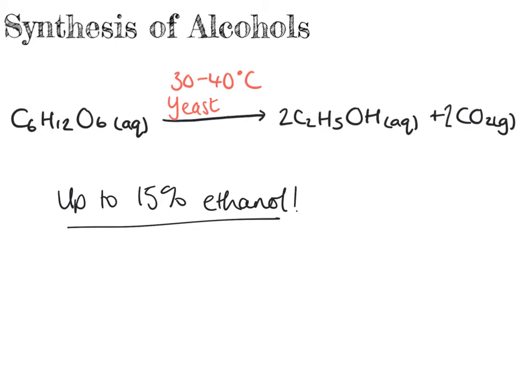If you're to use the previous method of hydration of ethene, that's more of a continuous process. So the equipment to keep that running is very, very expensive, but equally we don't need as many people working on it because it's run by machinery. So in terms of the cost of equipment and cost of labour, they kind of even themselves out a little bit. So make sure that you're aware of the pros and cons of the two different types of synthesis of alcohol.